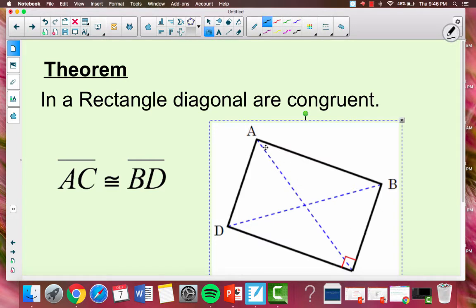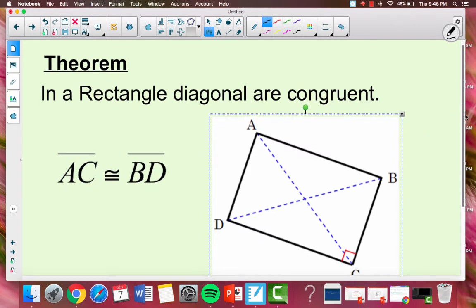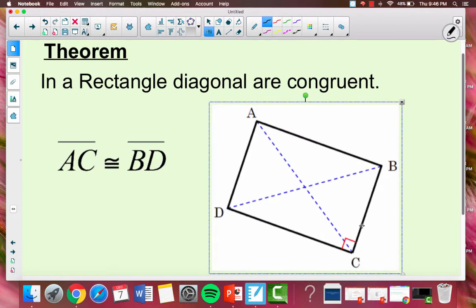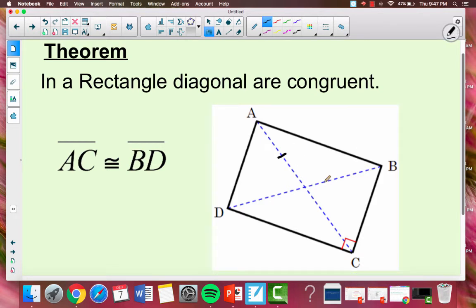Well, now we can tell that the whole diagonal, so from A to C, let me scroll my picture down, so from A to C has to be the same as B to D. And the bisecting part still applies, so these two things are now the same, and these are still the same. And so by saying now the diagonals are congruent, we actually know that all four parts of the diagonals would have to be the same as well. So it's going to be very useful. So specifically in a rectangle, diagonals are now congruent.